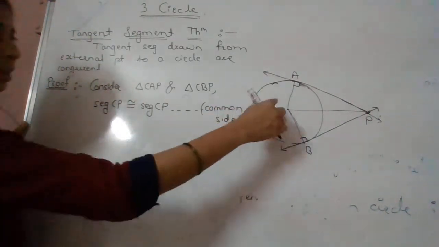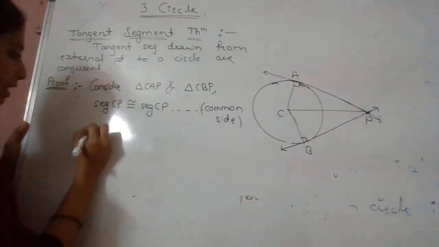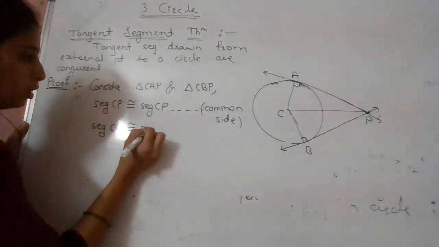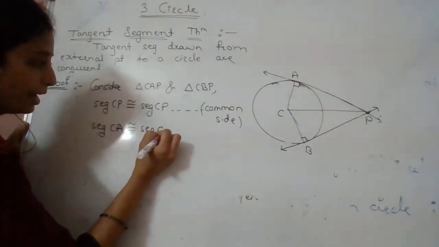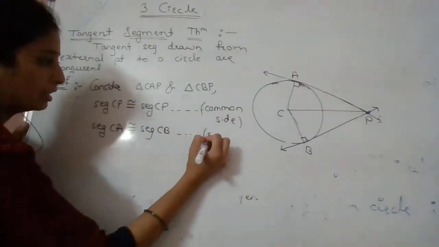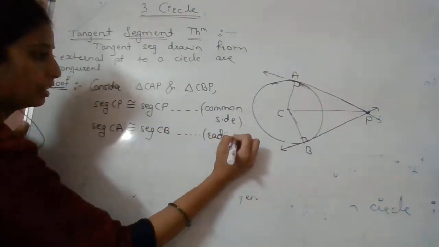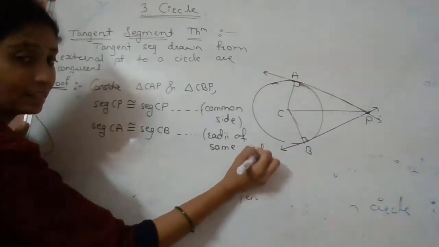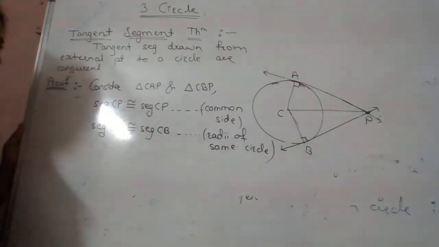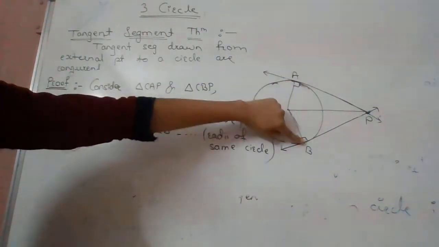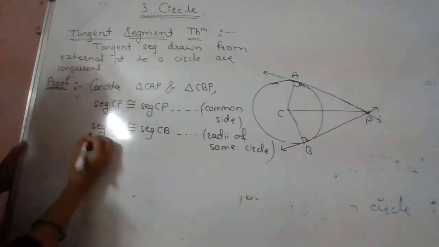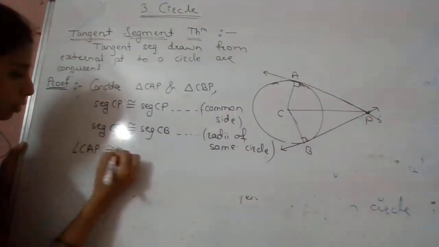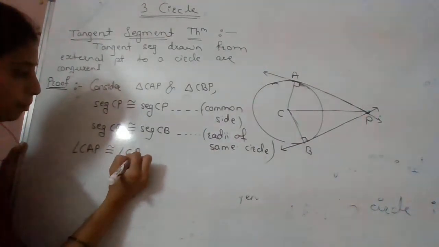Next, these are the radii: segment CA is congruent to segment CB. Why? Because these are the radii of the same circle. Obviously radii are the same. Then angle CAP is congruent to angle CBP.